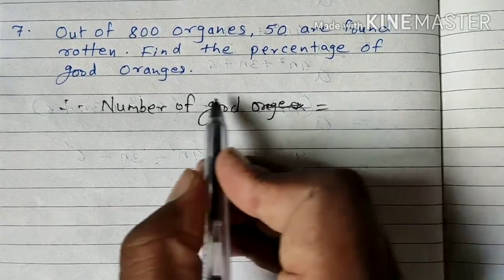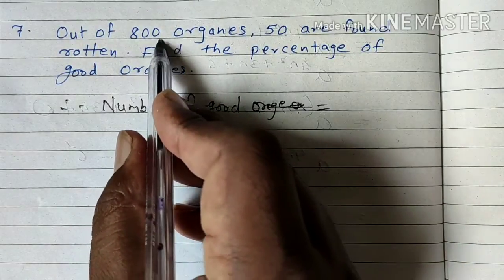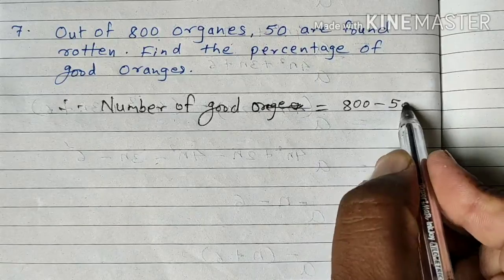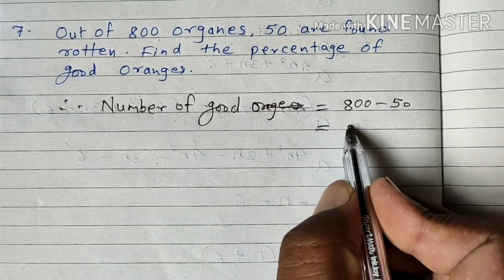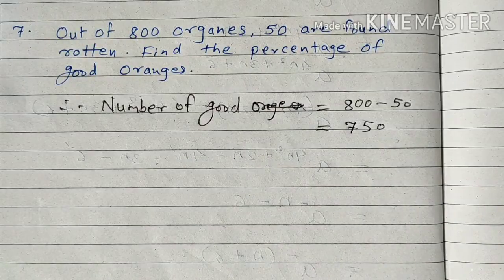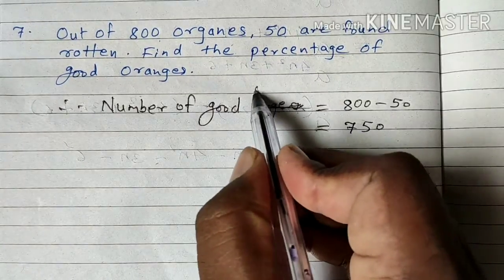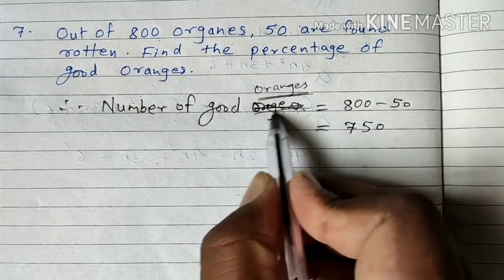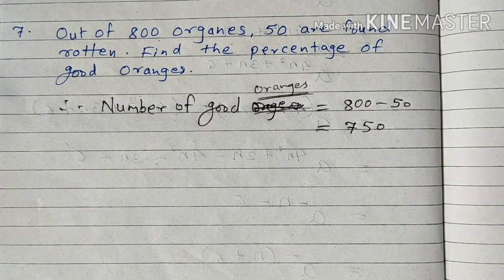So what is the number of good oranges? 800 minus 50. So how much it is? 750. Correct? So there are the 750 good oranges.